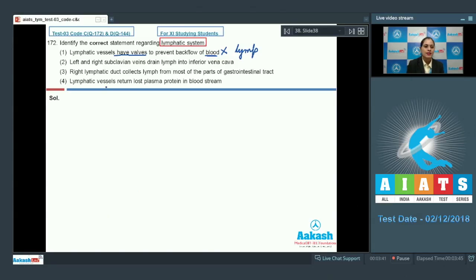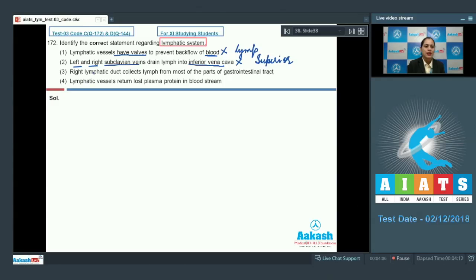Our next option is left and right subclavian veins drain lymph into the inferior vena cava, and this is an incorrect statement because the left and right subclavian veins drain lymph into the superior vena cava rather than the inferior vena cava.